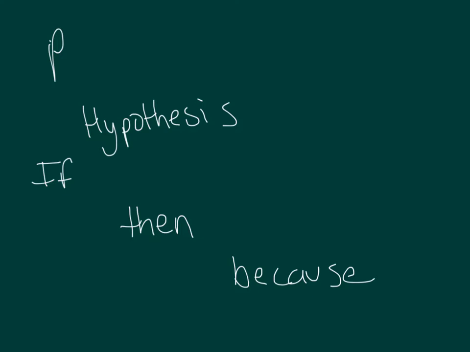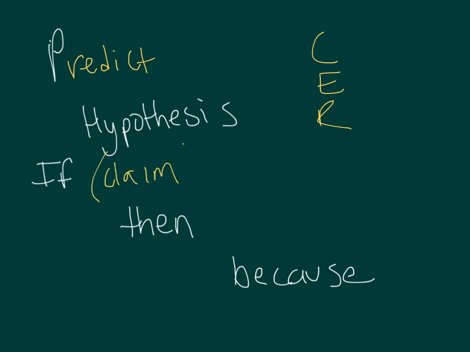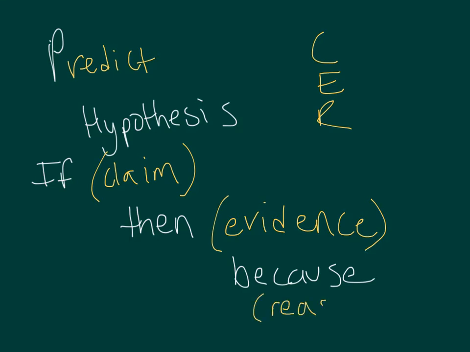So what does the P stand for? We said that P stood for predict. In terms of a hypothesis, we use an if, then, because format, and that actually goes with the format CER. If is a claim. You're making a statement about what would happen. Then would be your evidence. So if it rains, then it'll be wet, because, lastly, we'll end up with our reason: rain is precipitation, which is water.